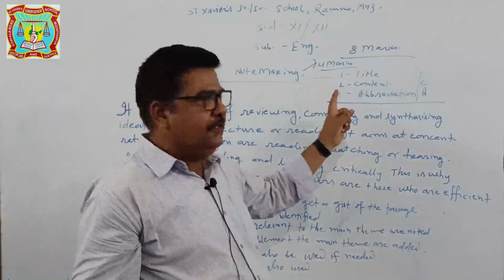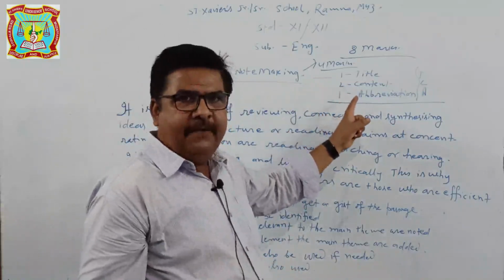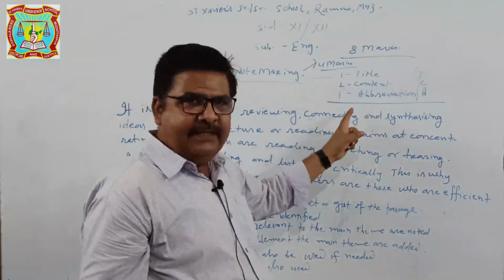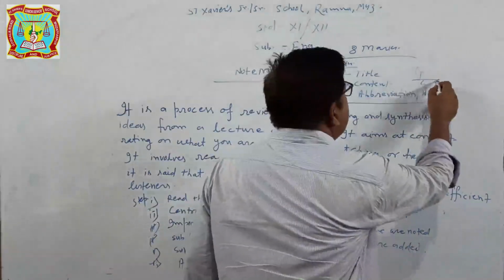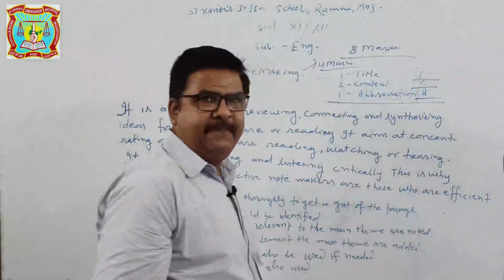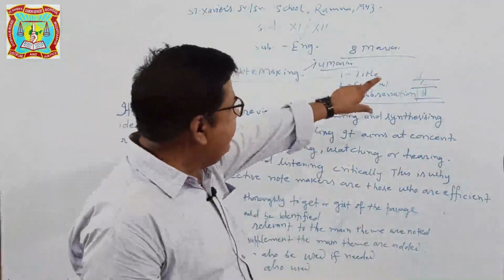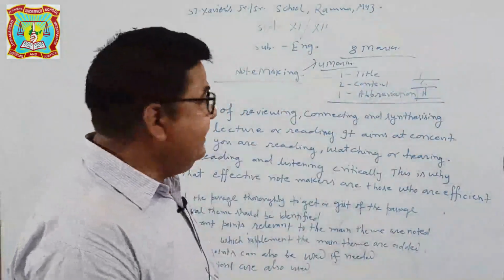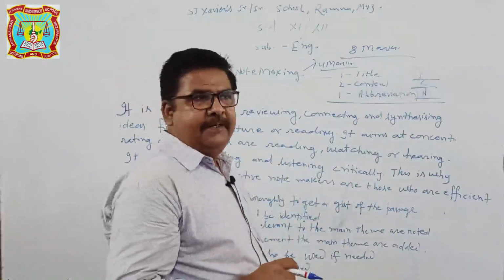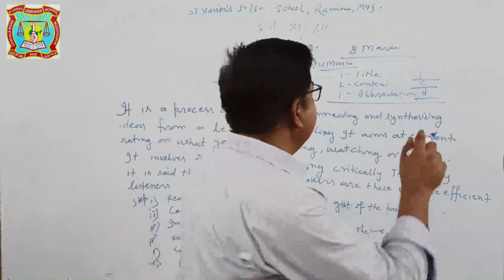Once again I do repeat, 1 for title, 2 for content, and 1 for abbreviation. That is called TCA. Under these 3 headings, your 4 marks will be divided, and the rest 4 marks will be for summary writing.